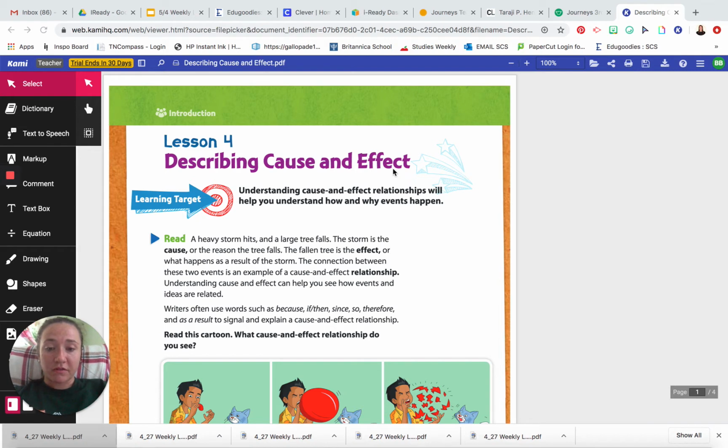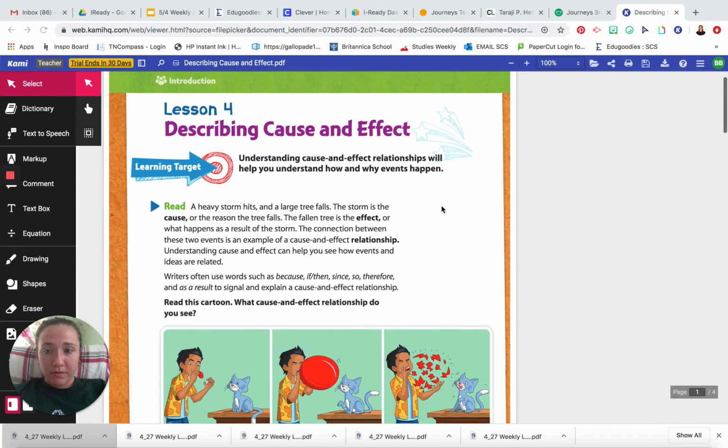Your parents should have already received information about this, so if they have not, or you have any questions or concerns about that assignment and how you get it to Miss B, please text or call her. So our learning target for today is we want to be able to understand cause and effect relationships, and that in itself will help you understand how and why events happen.